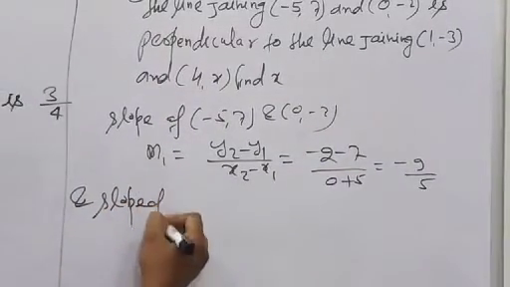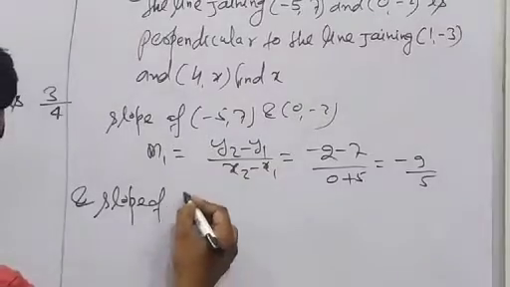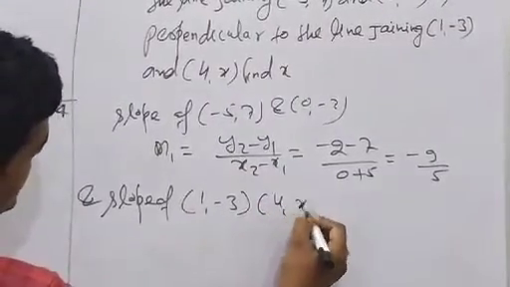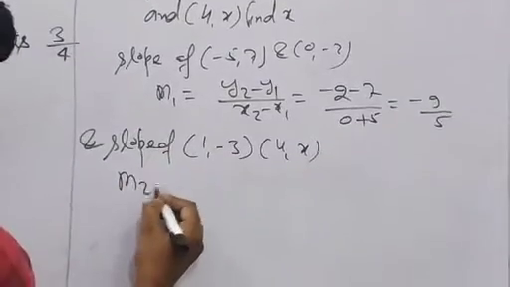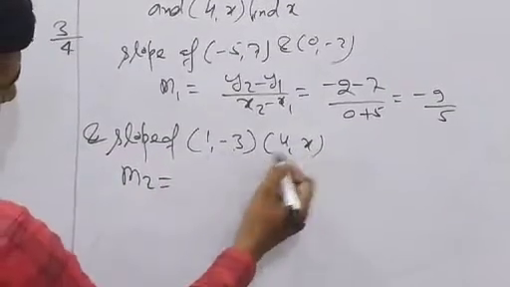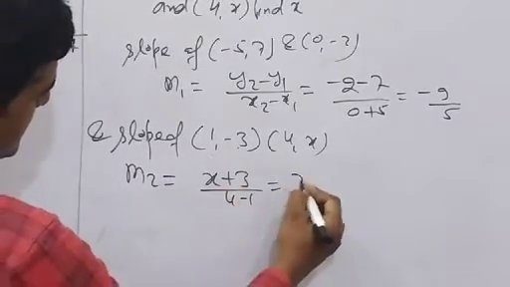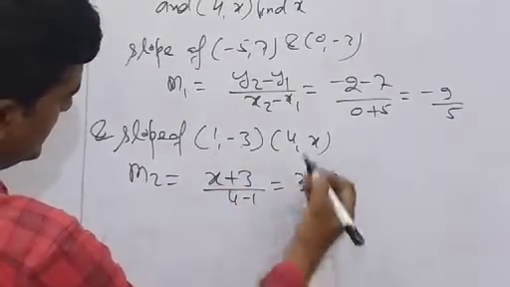And the slope of (1, minus 3) and (4, x): m2 is equal to x plus 3 upon 4 minus 1, which is x plus 3 upon 3.